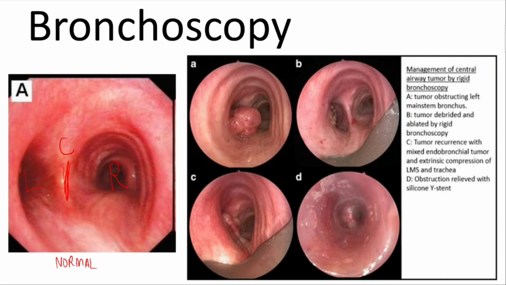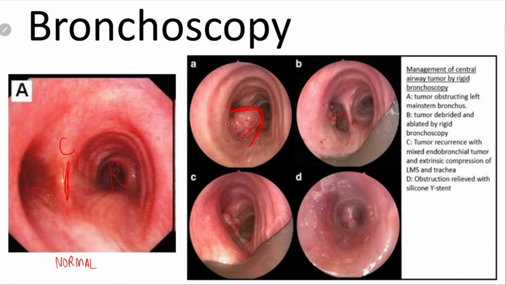Now here in this diagram, you can see the management of central airway tumor or the tumor in tracheobronchial lymph nodes. So here, this is your tumor coming here, and this is your tumor that is debrided and ablated by rigid bronchoscopy.